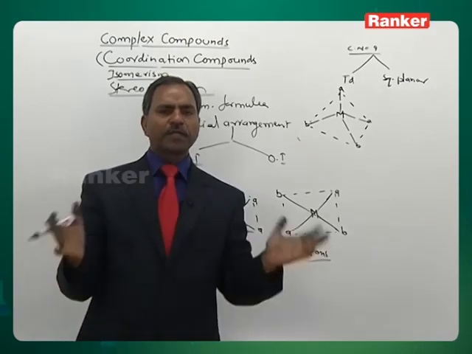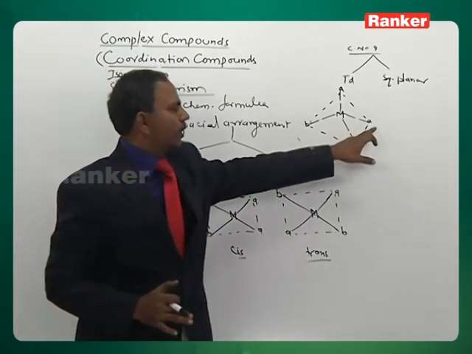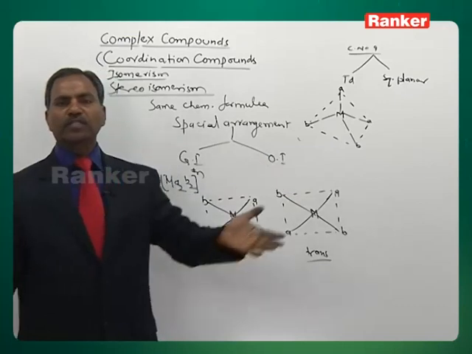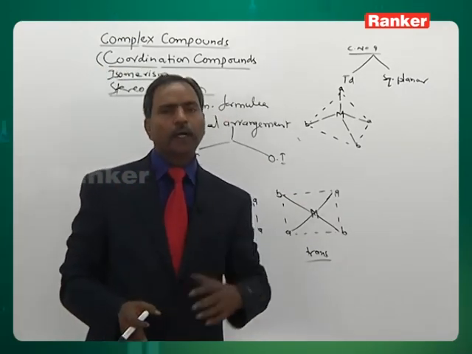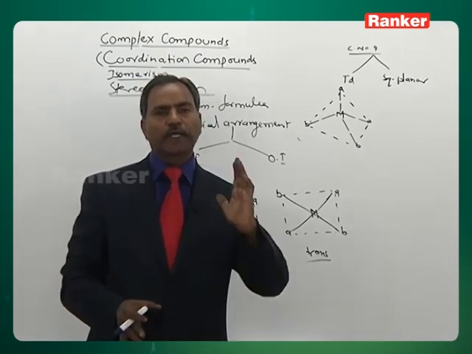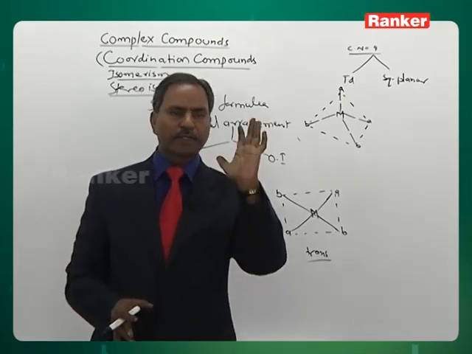Therefore, any spatial arrangement, suppose you keep this A ligand here and the B ligand there, makes no difference in the geometry. You are not getting any second geometry. Therefore, tetrahedral geometries cannot exhibit geometrical isomerism.